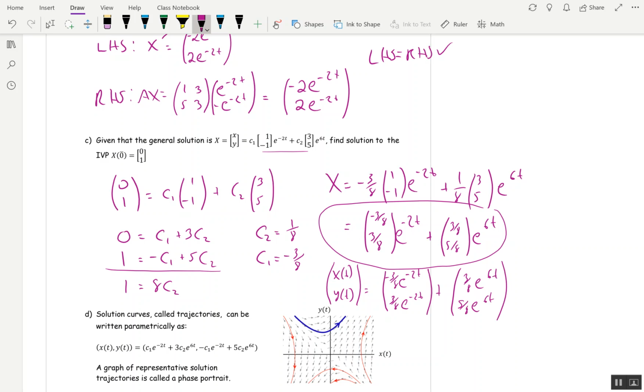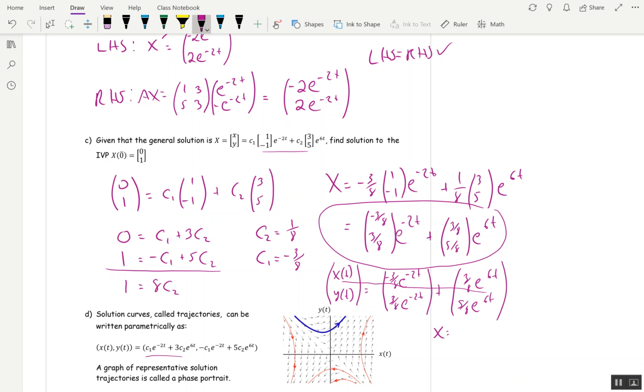Okay, so that single vector equation is actually two scalar equations. If you read across the top, that's this equation here. Oh, sorry, this is with the C1 and the C2 in it, what I have here. But yes, you can read across the top.